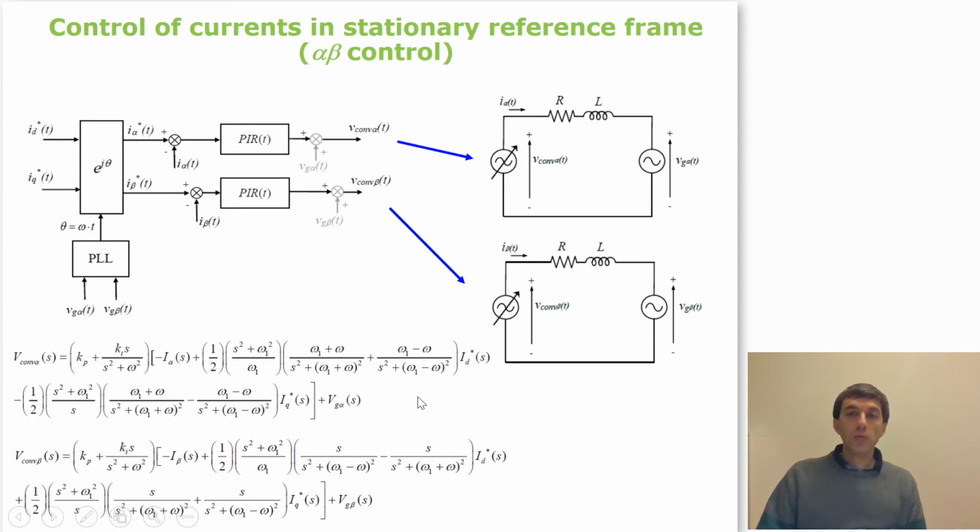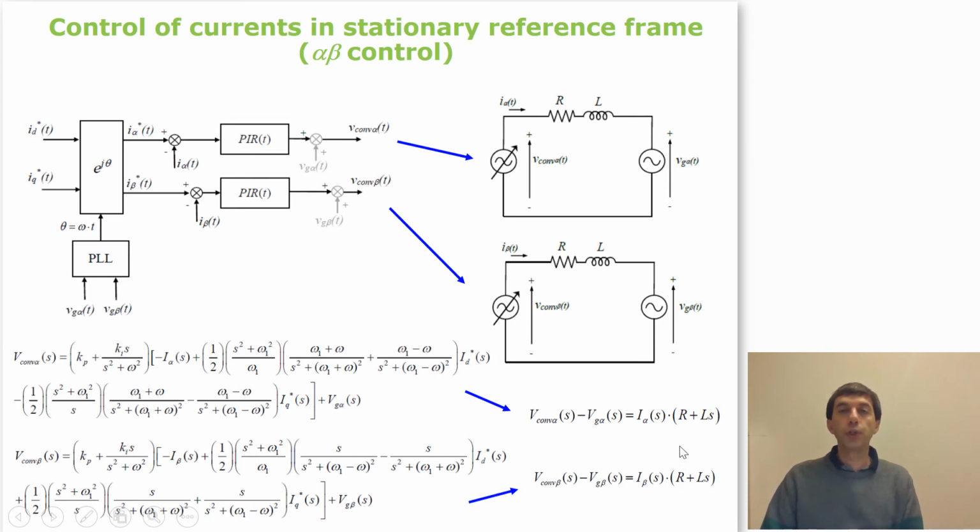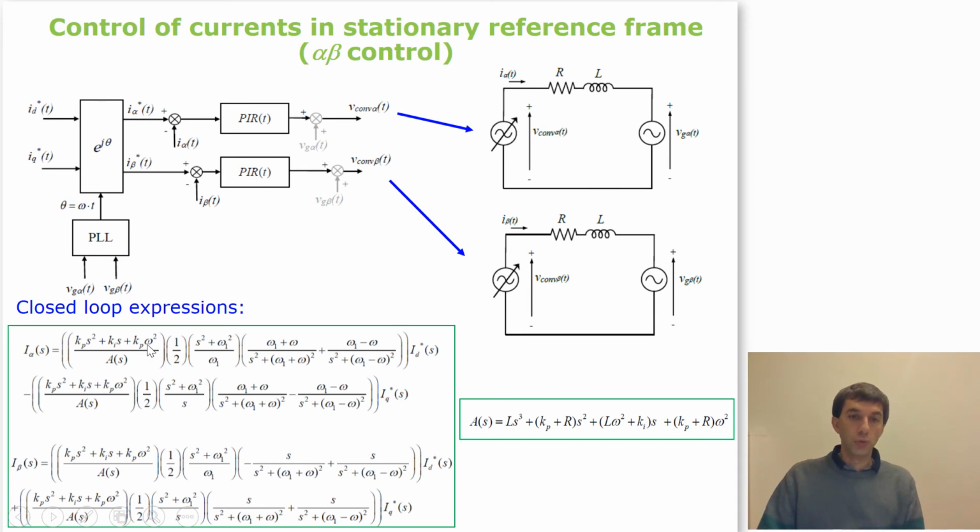So if we connect these equations, which are the equations describing this alpha-beta control in Laplace domain, if we combine them with the Laplace equations of the power electronic circuit, or the electrical circuit, these two equations that we have derived previously, and we equalize them, we obtain another two expressions, which are the closed loop expressions that represent the alpha current and the beta current, the actual currents, in function of the D and Q current references.